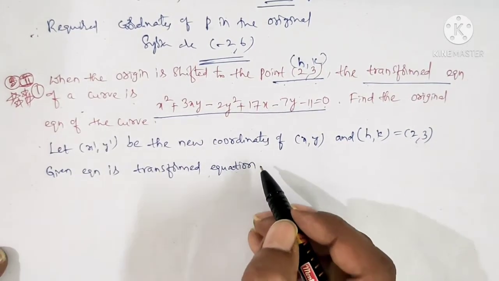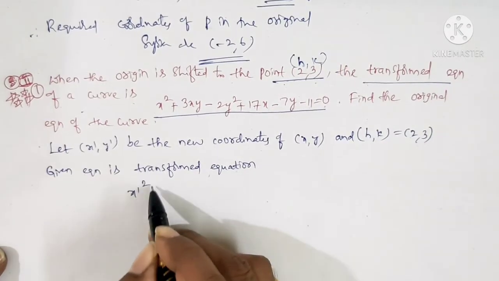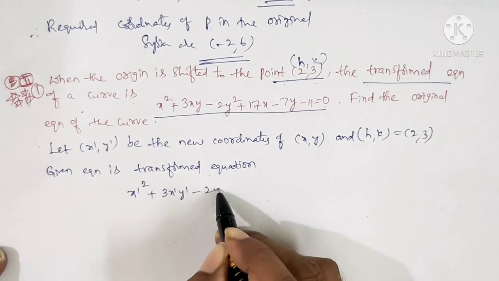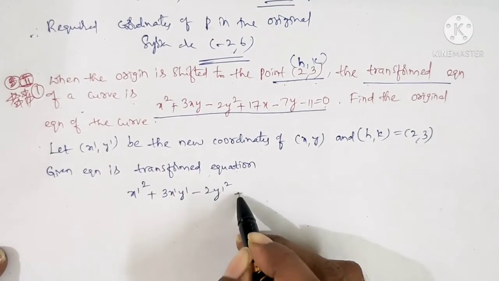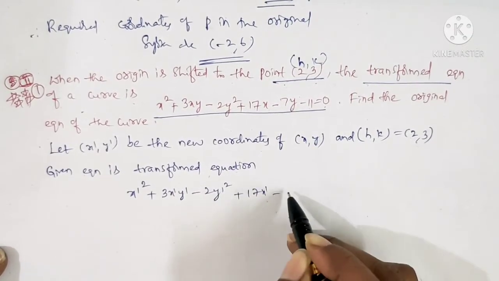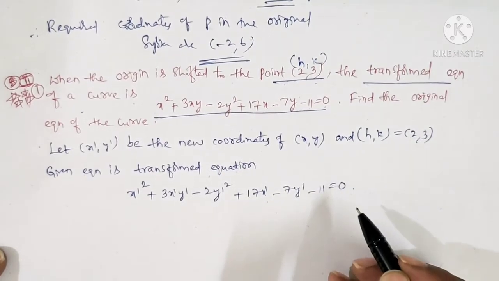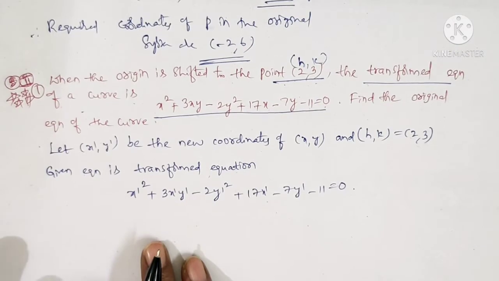Then it becomes x dash square plus 3x dash y dash minus 2y dash square plus 17x dash minus 7y dash minus 11 is equal to 0. Now this equation should be converted into x, y.